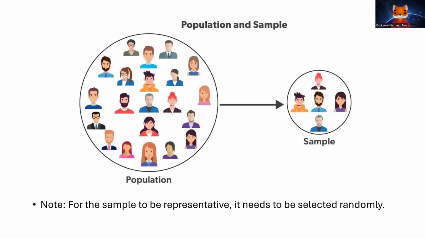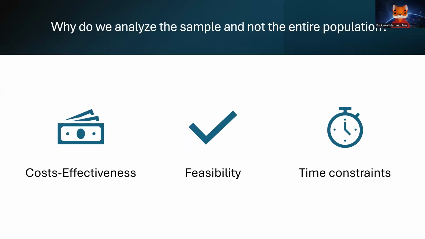So this is basically a graphical explanation of what the population and the sample are. As I mentioned before, the sample is essentially a subset of the population that we have collected randomly. That is very important in order to avoid bias when selecting the data that we want to study.